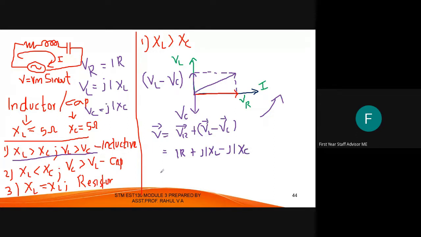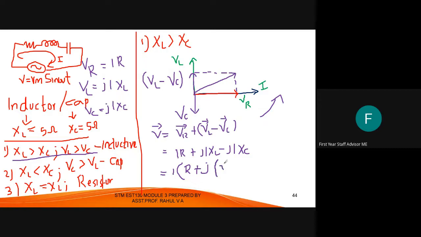In the next step, I should take I outside because all these terms have I. Then look at the second and third terms. j is common, so I should take j outside.